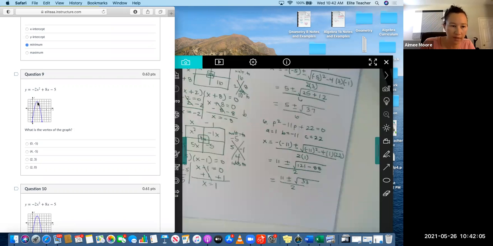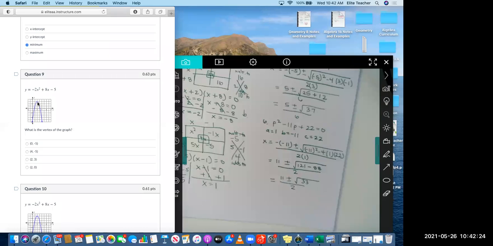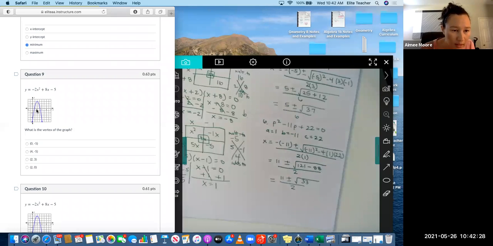The highest point of this graph. Is it 0, -5, 4, -5, 2, 3, or 2, 0? Two, 0. So 2, 0, that means x is 2 and y is 0. That would be right here.